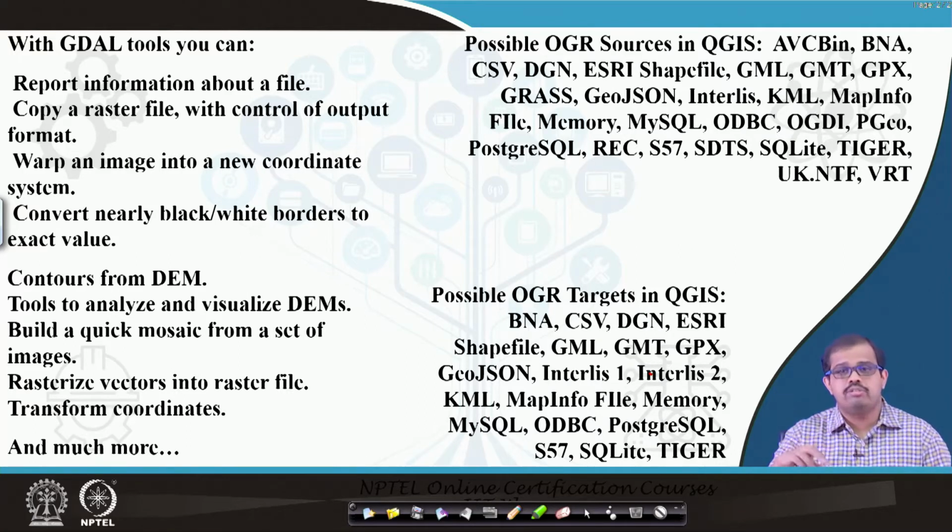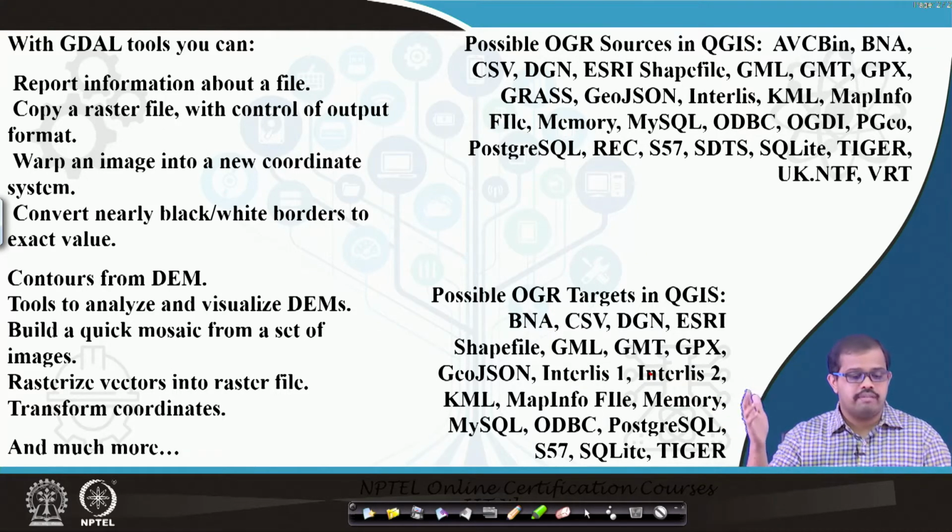GDAL can do everything on the planet for a raster module. It can report information about a file, copy a raster file with control of the output format, and warp an image into a new coordinate system. We have seen how, as Mr. Chandan spoke about, a new coordinate system can be transformed.